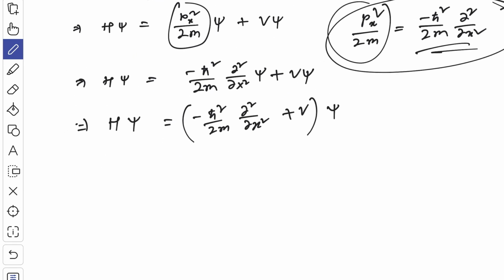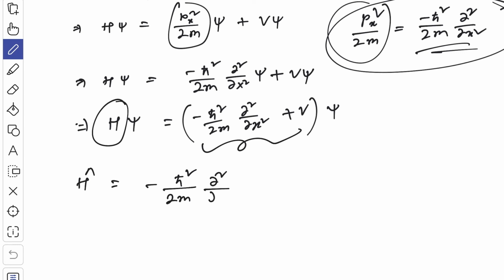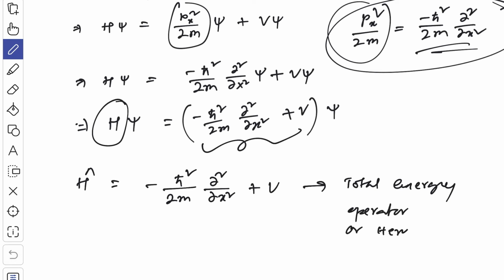Now here you see, as this Hamiltonian represents total energy, that's why the total energy operator is given by H cap, that is equal to minus h cut square by twice m second order derivative with respect to x plus V. So this is the total energy operator, or you can say the Hamiltonian operator.